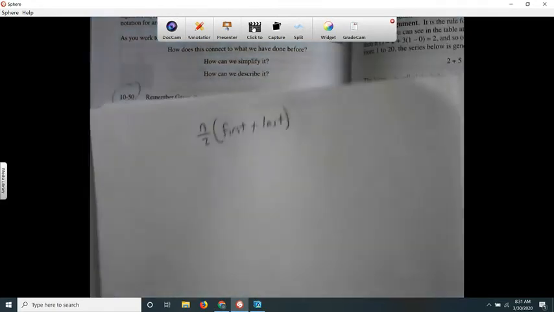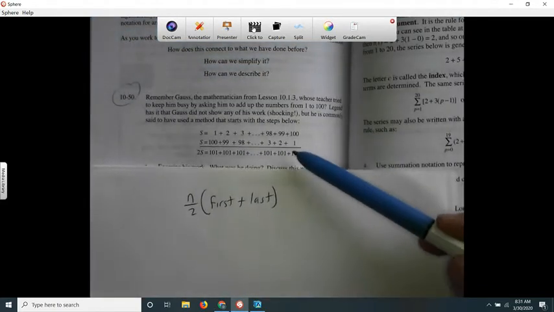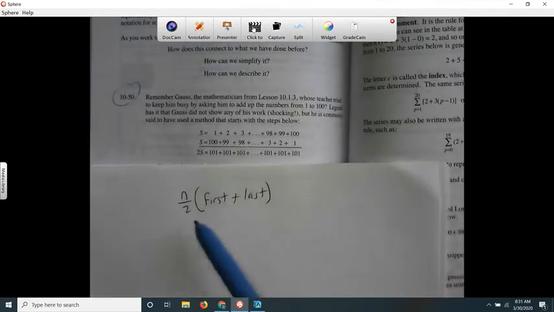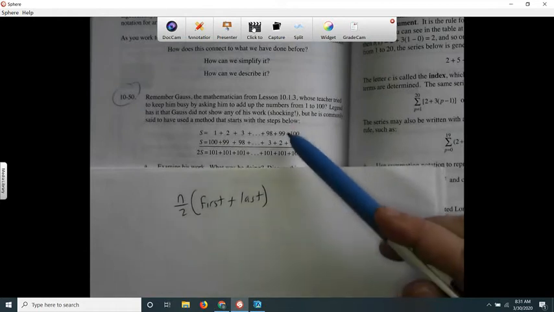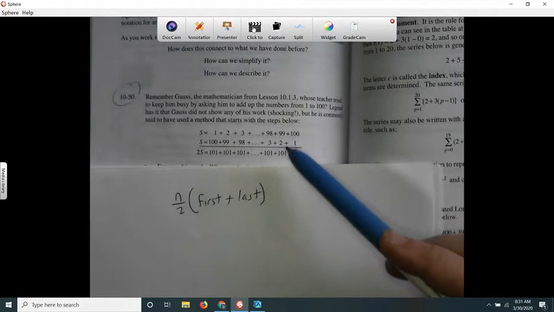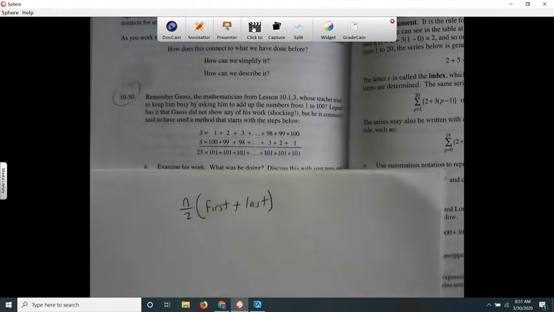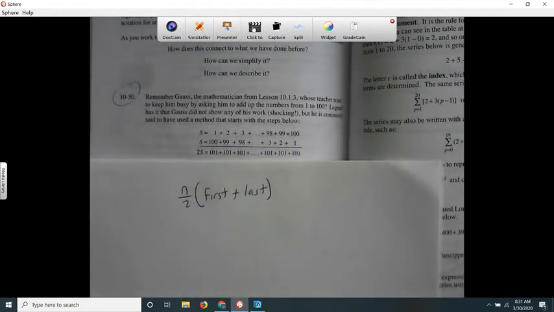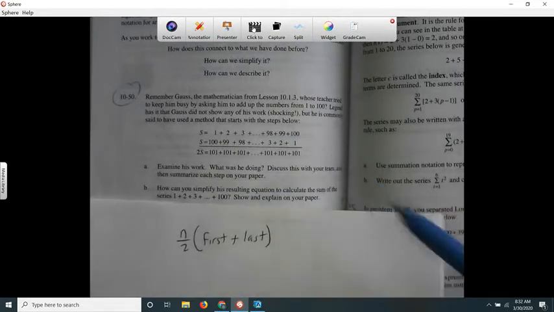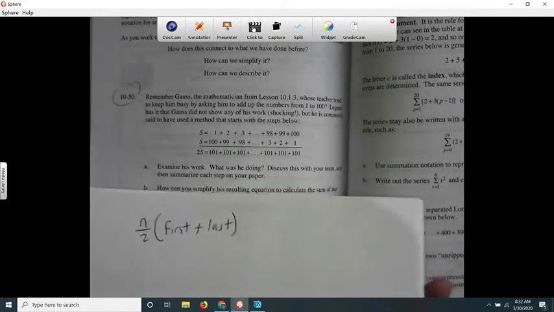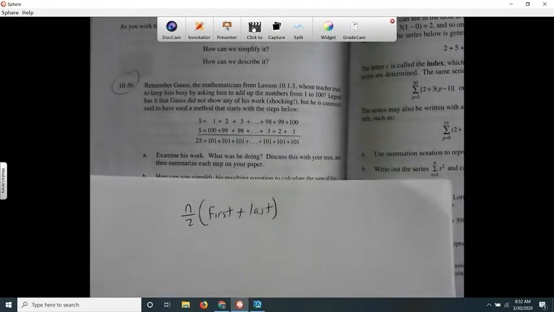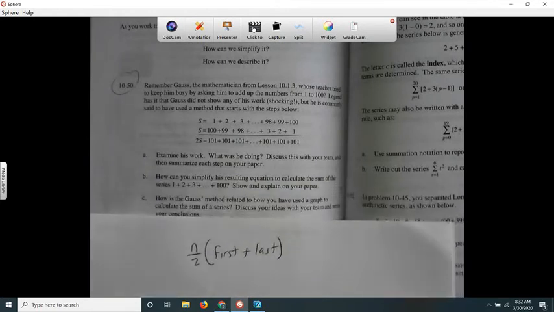Because see, all those 101s on there are what happens with the first term plus the last term. And even the second term and the second to the last term, if you line them up like this, they always add up to the same amount. So this is just that same formula we've been using this whole time. It's just another way to show it. You can show it as adding the series to itself backwards, if that makes any sense.